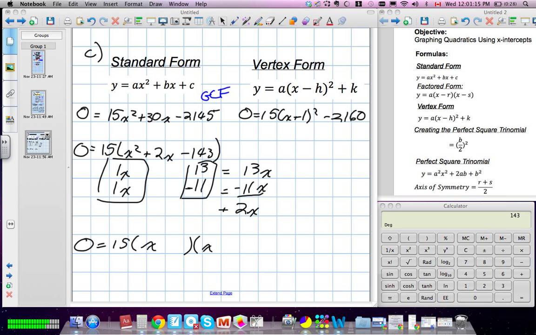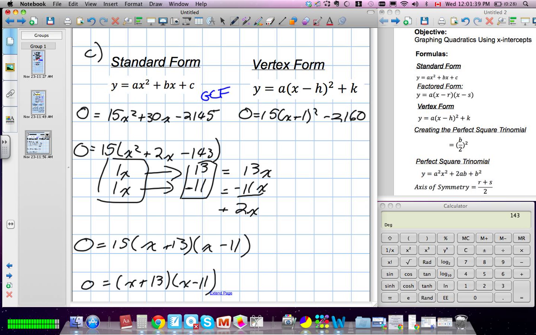So our x is going to be the first term in each of the brackets. And again, because the first terms are the same, we're going to just put positive 13 and negative 11 in one of the brackets. Now, the 15 is going to cancel out. I'm going to skip that step. We normally divide both sides by 15, but we know eventually what we're going to get is 0 is equal to (x plus 13)(x minus 11).